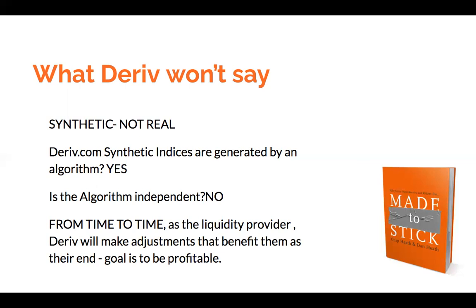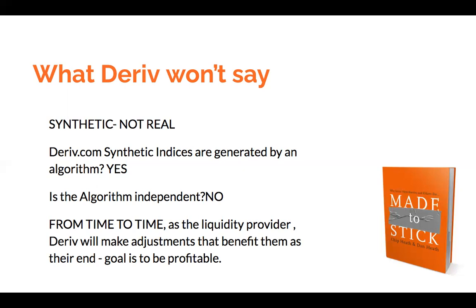That is the reason why you see that most of the time you make money, and then over time you're actually losing the money, because these indices have been programmed in that very way. And the algorithms are not actually independent. They change from time to time.